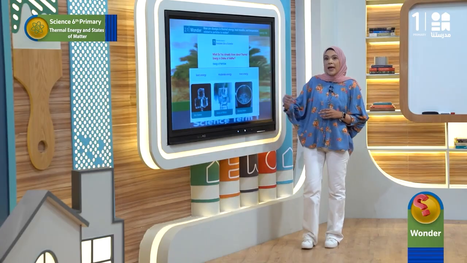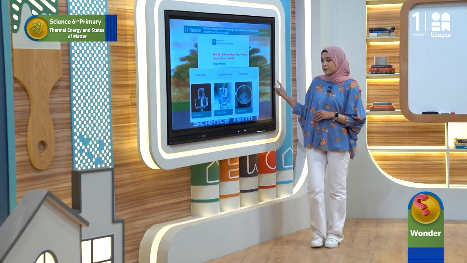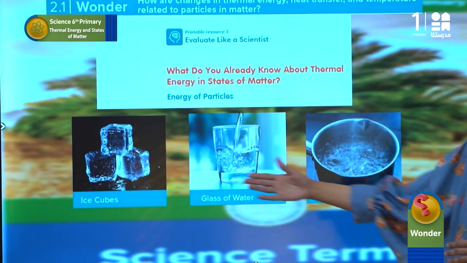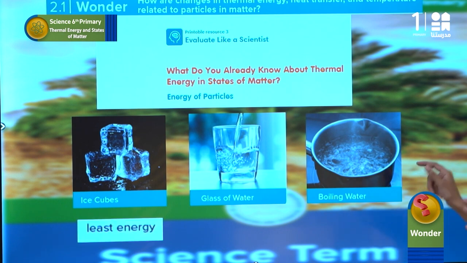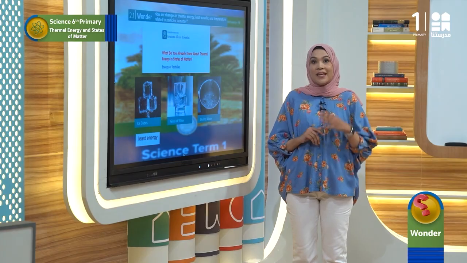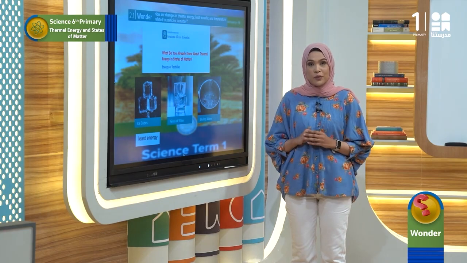Now look at the image of snow. We learned before that particles in solids move very slowly. Do you remember that? This means it has the least energy. Now let's move to the third image of boiling water.